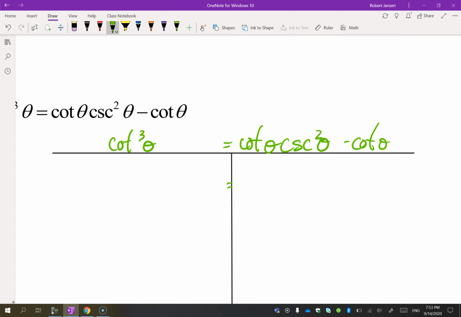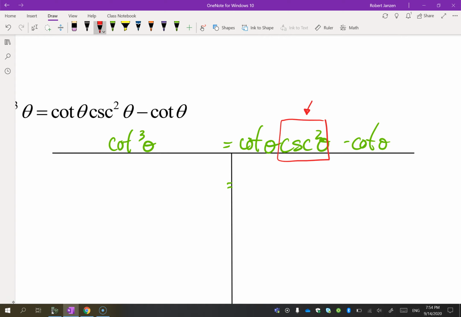But what in the world are we going to do to make this look like that? Right now it looks like there's not much we can do. But this should give you a little bit of a clue. Cosecant doesn't fit here. We have cotan here on the left side. Somehow we need to get rid of that cosecant squared.